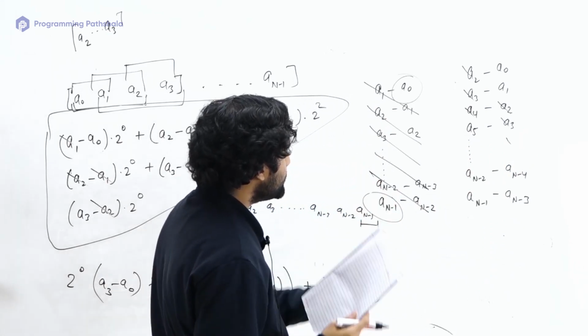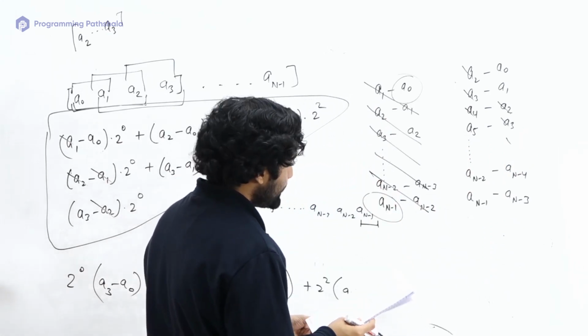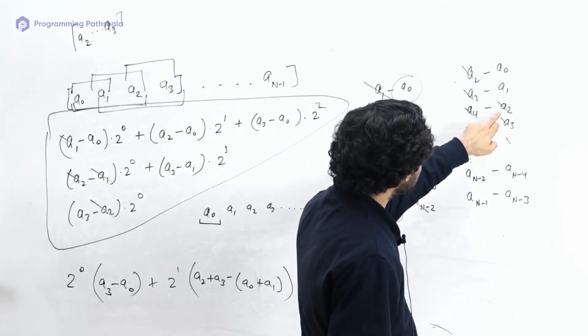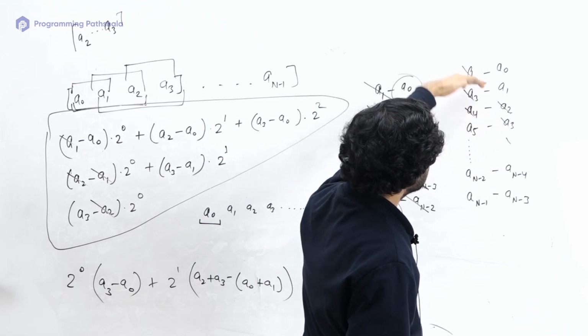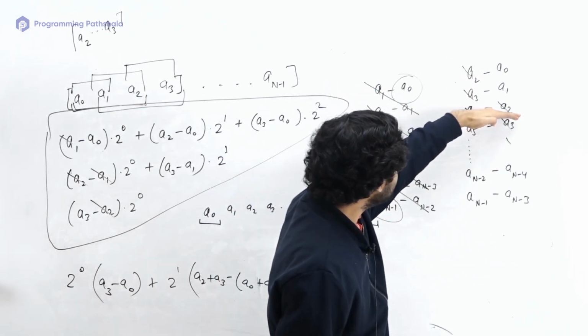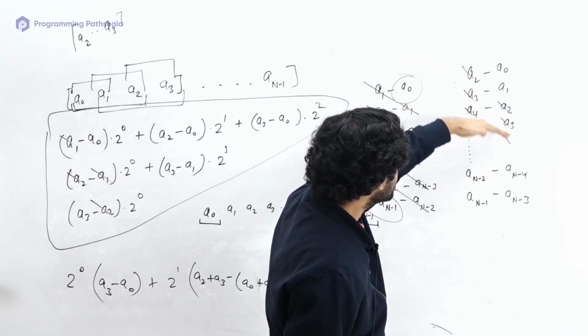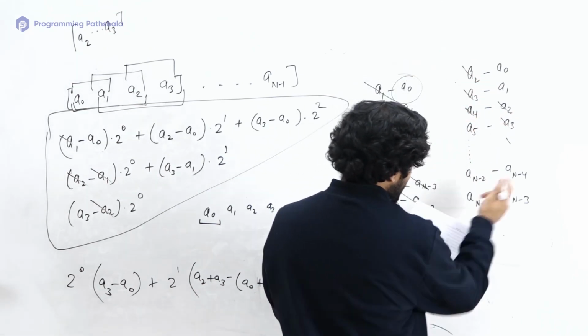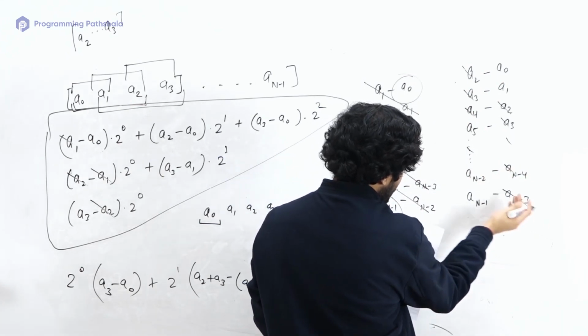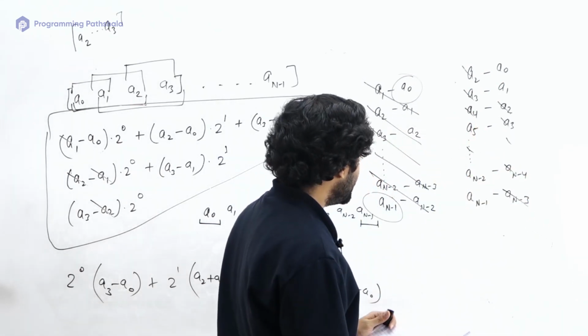If you realize one important thing over here, what is happening is that if there is something, then that is getting cancelled by 2 units above it. See, here it was getting cancelled by 1 unit above. Here it is getting cancelled by 2 units above. So this will also be gone, and this will also be gone because 2 units above something will be there.